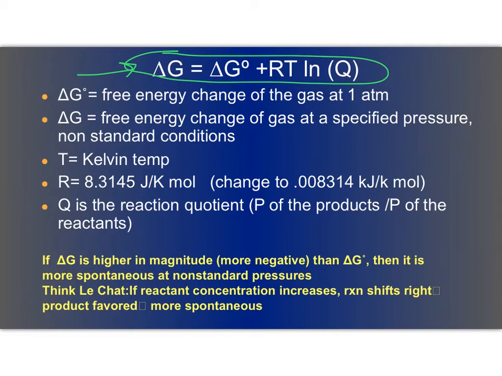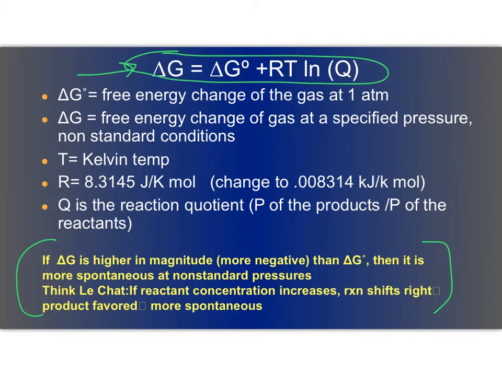What's most important here is what's in yellow. After we determine the delta G at non-standard conditions, if that value is higher in magnitude, meaning more negative, meaning it will release more energy than delta G standard, then it will be more spontaneous at those non-standard pressures.